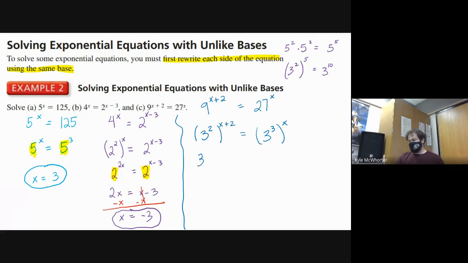This is 3 to the 2 times x plus 2, and this is 3 to the 3 times x. So now I have to distribute the 2 up here because these two exponents are multiplied by each other. So this 2 has to get multiplied by the x and the 2. So then we get 3 to the, let's see, 2 times x is 2x, and then 2 times 2 is 4.